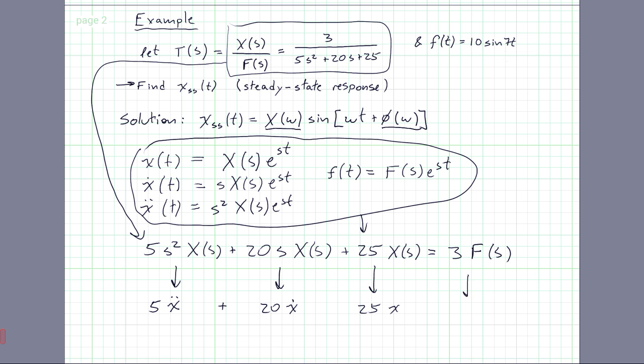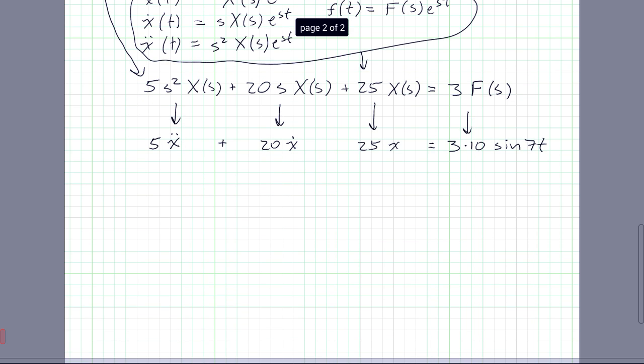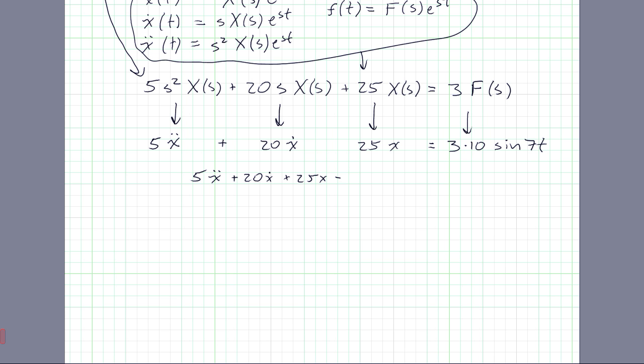And this becomes 3 times f of t, because there's a zero derivative, so it's going to be 3 times 10 sine of 7t. So I have this new differential equation: 5x double dot plus 20x dot plus 25x is equal to 30 sine 7t.